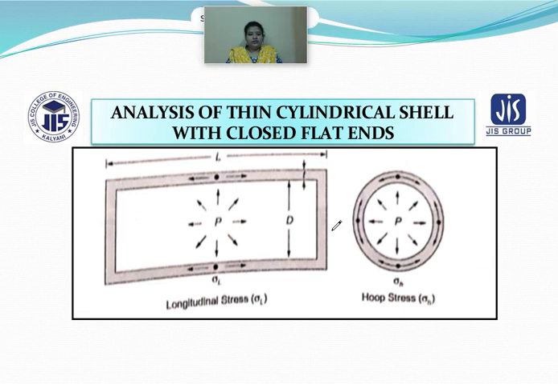The end is a closed flat end, and this is the longitudinal stress, represented by sigma L. The length is L and the diameter is D. As compared to the diameter of this shell, the thickness, represented by t, is very small, and the fluid is there inside the cylinder. That's why it is exerting pressure on the inner wall.